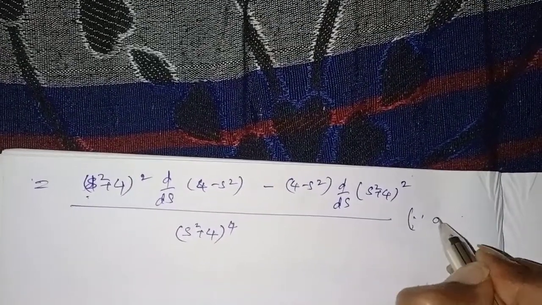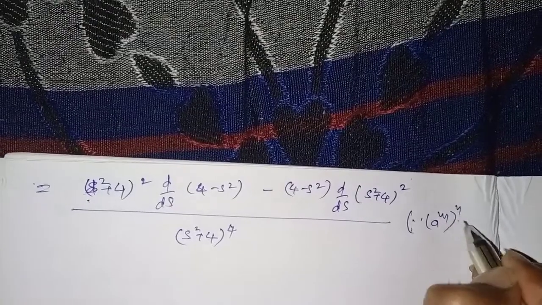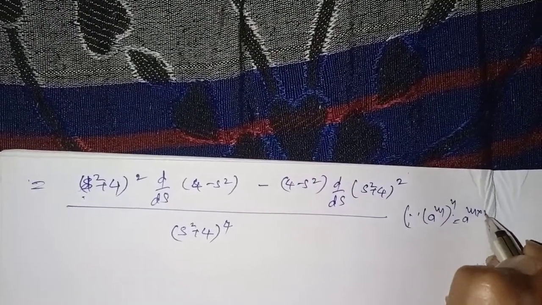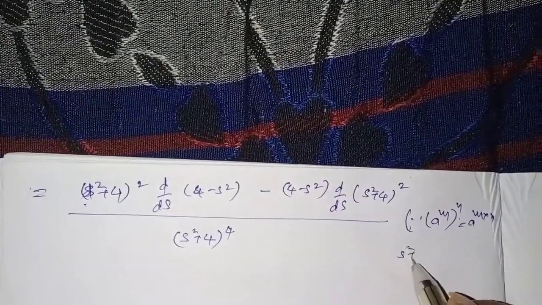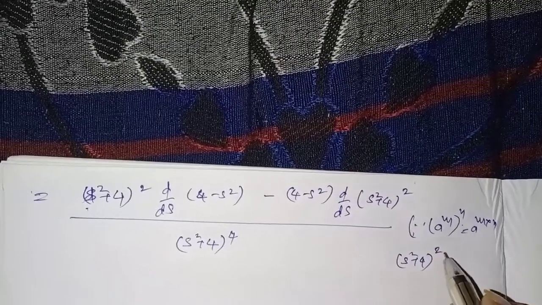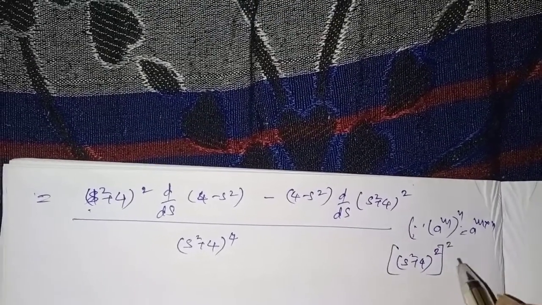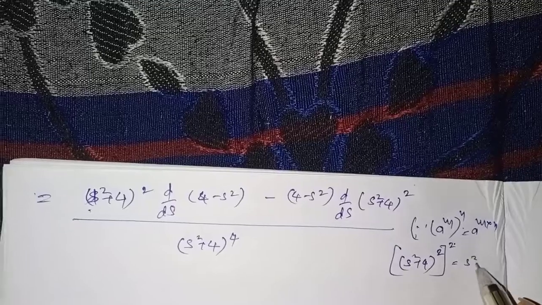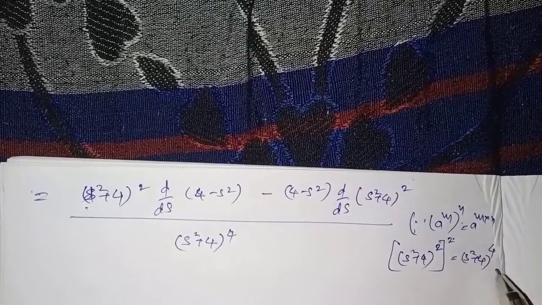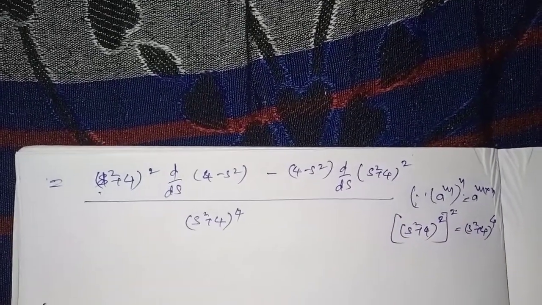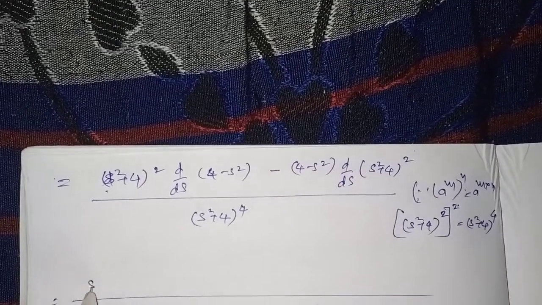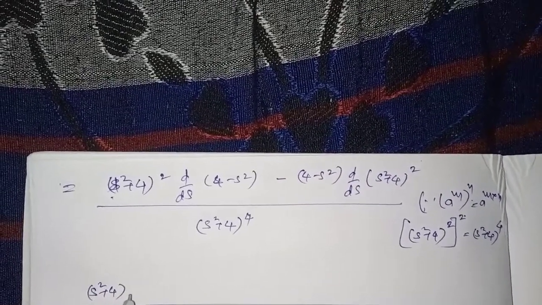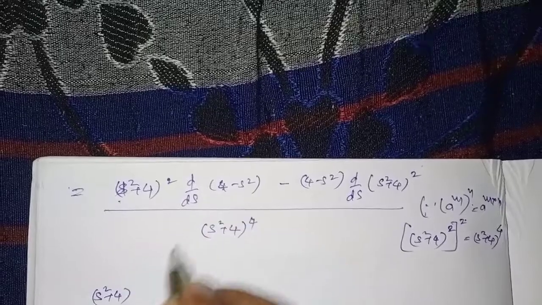Since (a power m) whole power n is equal to a power m into n, (s square plus 4) whole square whole power 2 is equal to (s square plus 4) whole power 4.